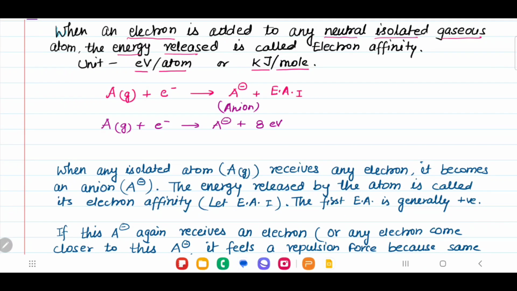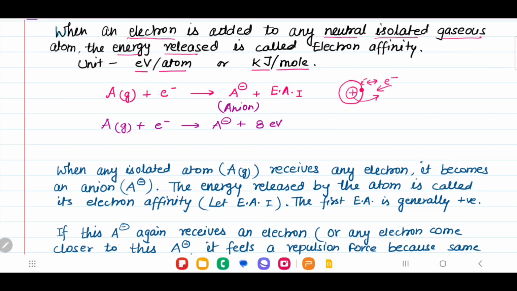Now let's try to understand this. Suppose this is a nucleus and around this nucleus there is an orbit with an electron present in the orbit. When some electron approaches this nucleus, the nuclear charge attracts this electron, but the electron already present in the orbit tries to repel it.